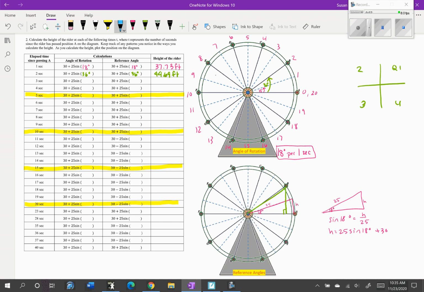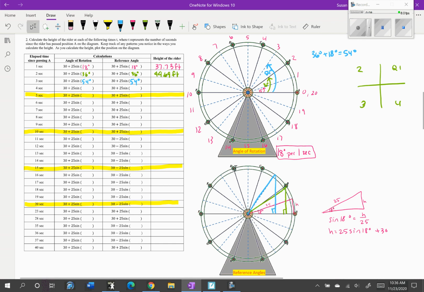And now we're going to do the next rotation, which would be 3 seconds. So from here all the way to here, 36 degrees plus another 18 degrees gives us 54 degrees. So that means this is 54 degrees. And this would also be 54 degrees. So that would be this triangle right here.